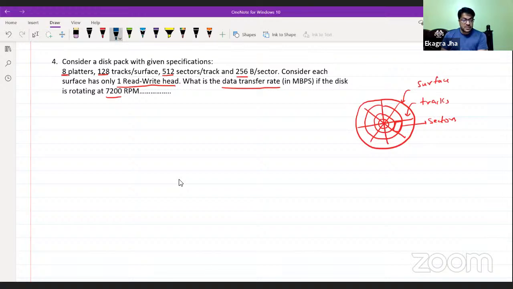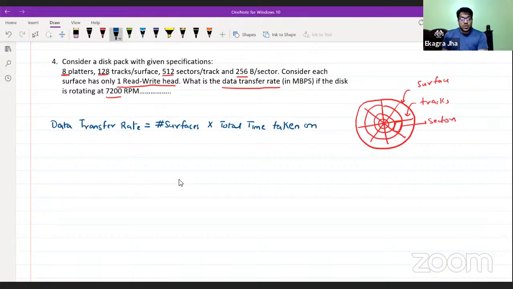The data transfer rate is equal to the number of surfaces multiplied by the total time taken on one surface divided by the time taken to transfer that data.